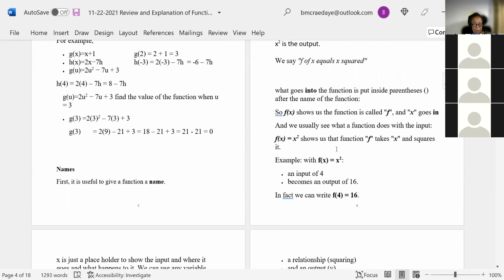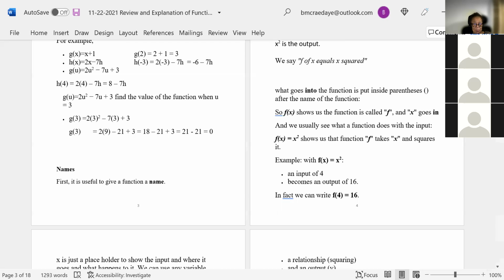Okay, and just another example, the input is a 4, 4 squared is 16. So f of 4 is 16 because f of the variable, function of the variable, is the variable squared. So whichever number you put here for the substitution of the variable, you square it.